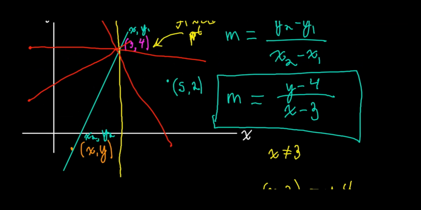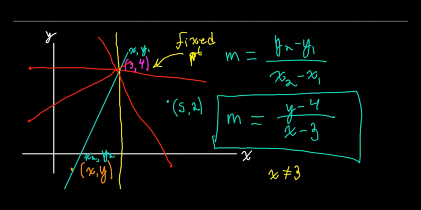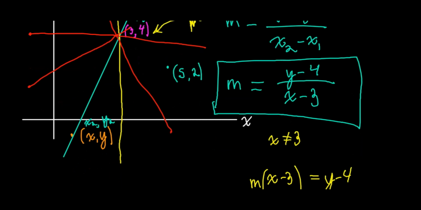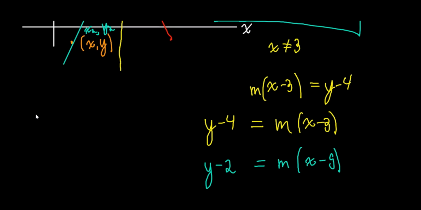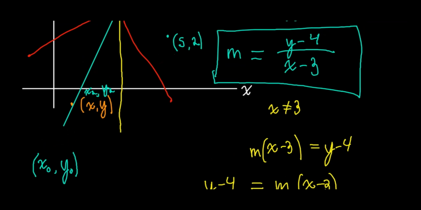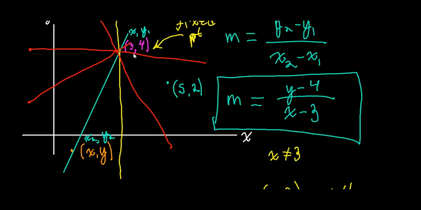Now, in general, what happens if we just have any fixed point, an arbitrary fixed point? Mathematicians usually denote an arbitrary fixed point in the following way: x naught comma y naught. So this point x naught comma y naught plays the same role as 3 comma 4 did in this derivation here.